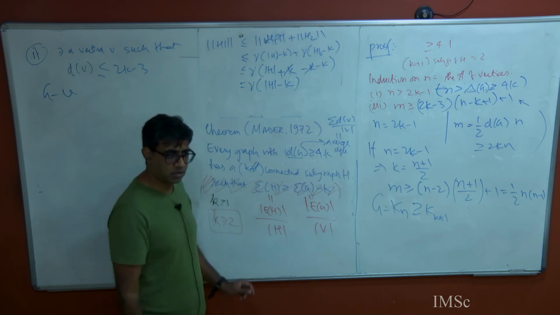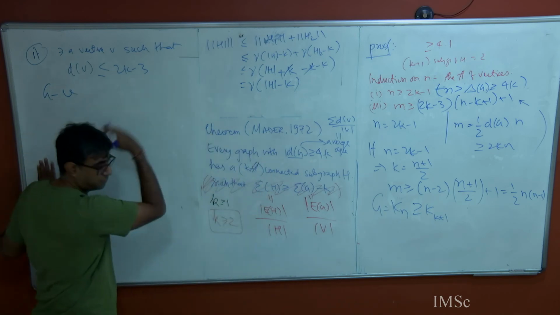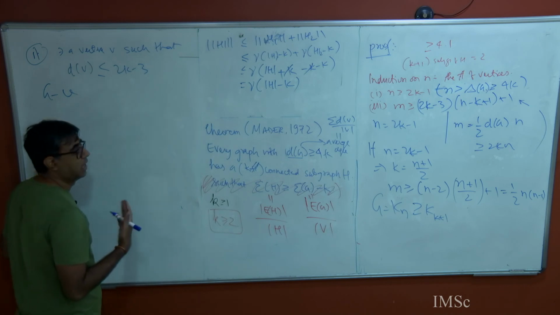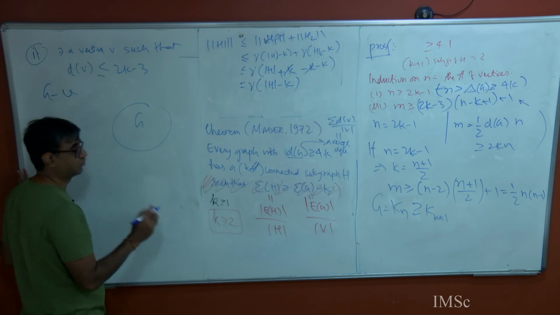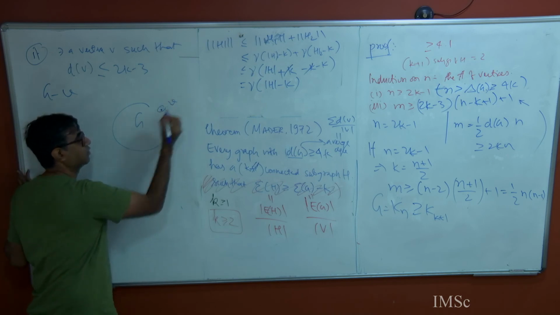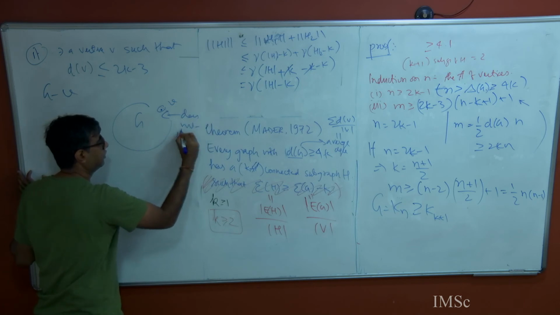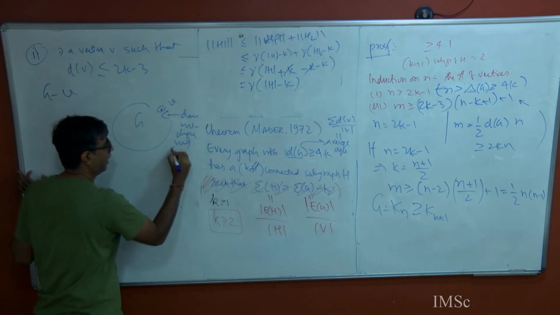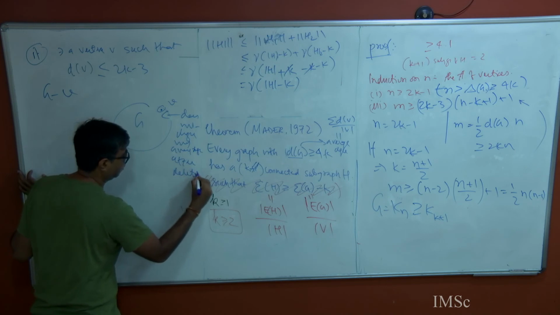You get my point? So this is the gist of the proof. Irrespective of what numbers I write, I start with a graph G and we are trying to do induction. If I find a vertex V which does not change my average degree after deletion, what do we do?